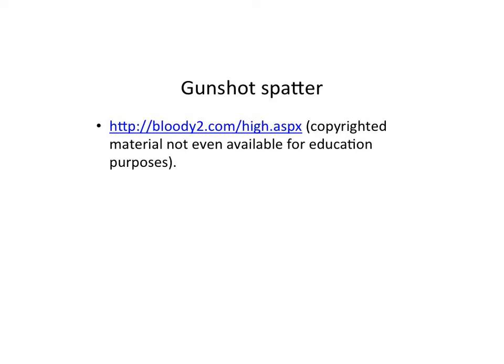They won't let us use it for copyright reasons, even for educational purposes. Most websites will let you use their pictures for educational purposes, but not this one. But gunshot spatter was going to be massive damage, and so it's going to be high velocity. There could also be brain matter, depending upon what part, or body tissue that would be involved in the spatter as well. So those were the first two, and I think that's where we left off.